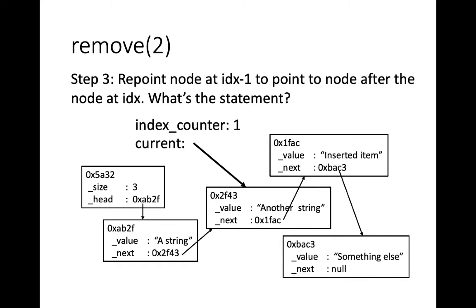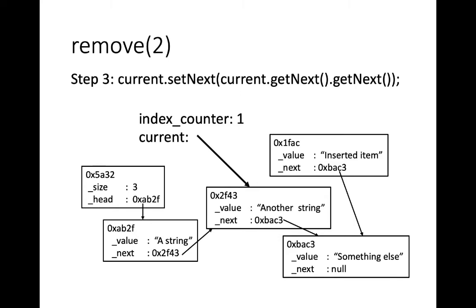Yeah, that's right. I'm trying to set the next of current to be that expression that you said, current's next, right? And so it looks like this, right? I'm setting the next field of the current node, and the value I'm setting it to is current's get next.